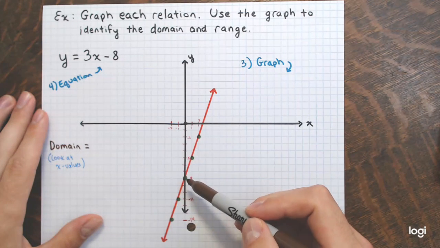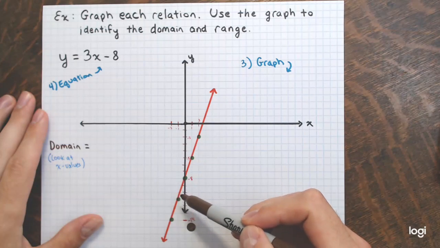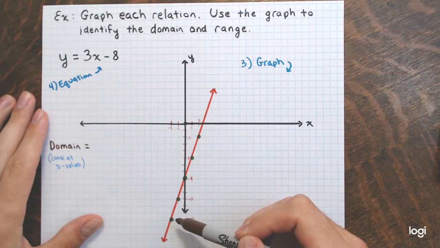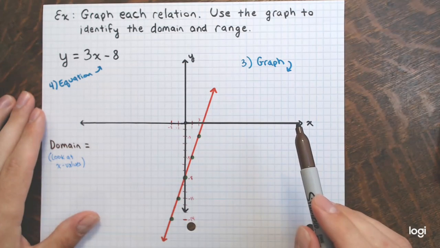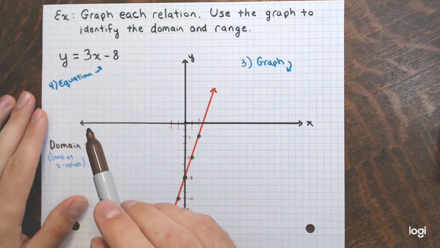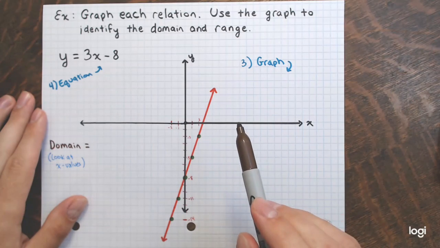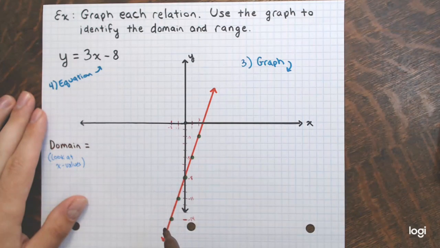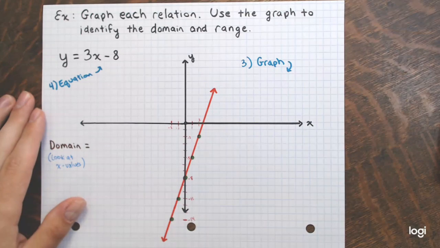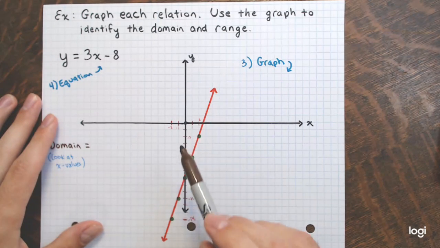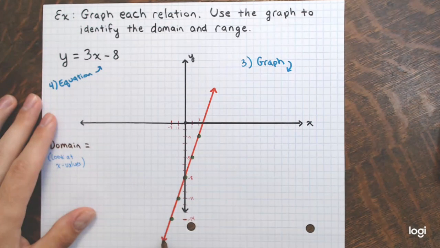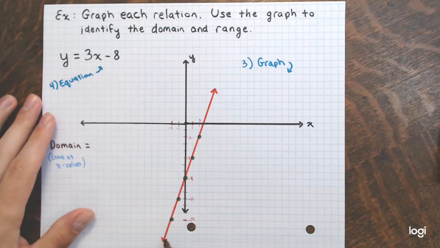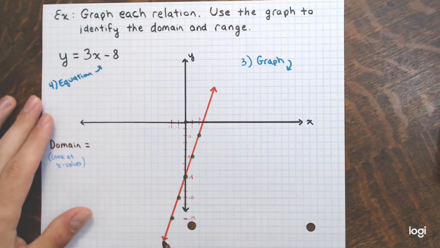0 is an x-coordinate for that point. -1 is an x-coordinate for that point. -2 is an x-coordinate for that point. And hopefully you're seeing that really every value on the x-axis would correspond to some point on this red line I drew. If I said, how about -3.5? Well, you go to -3.5 on the x, there's a point down here somewhere on this line that has an x value of -3.5.